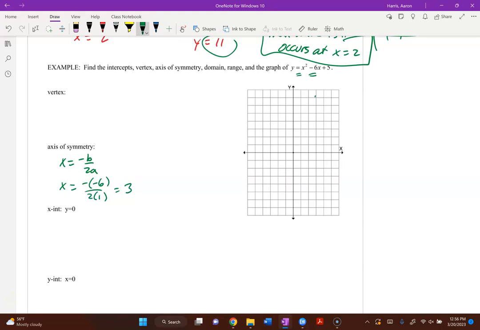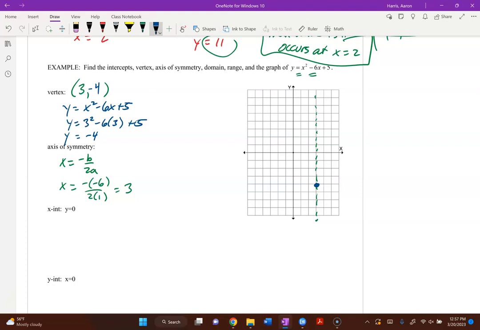There's our vertical axis of symmetry. Now we know the vertex has an input of 3. Get the y value, so it looks like negative 4.